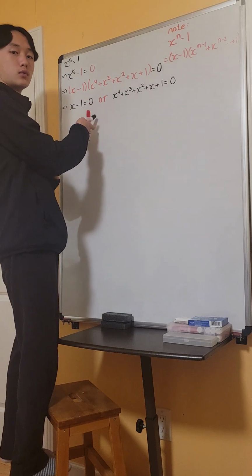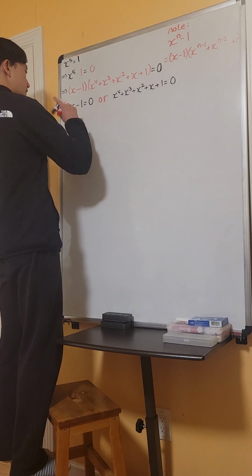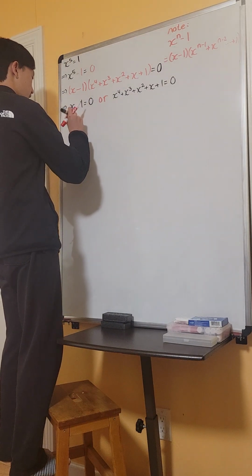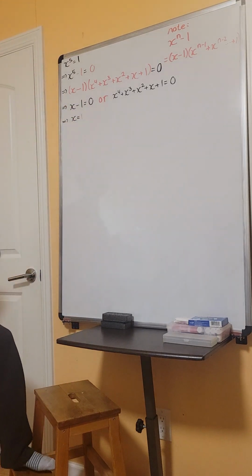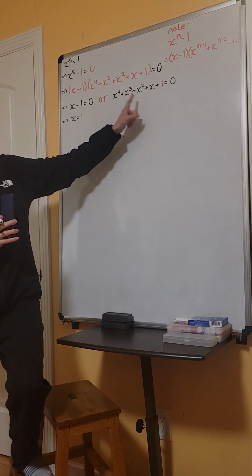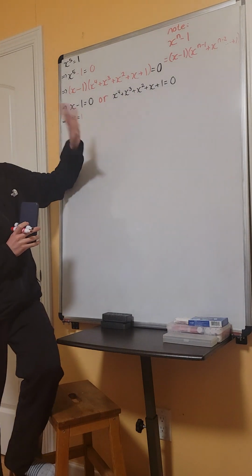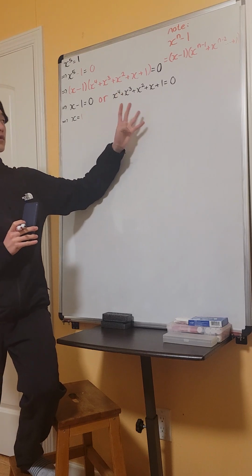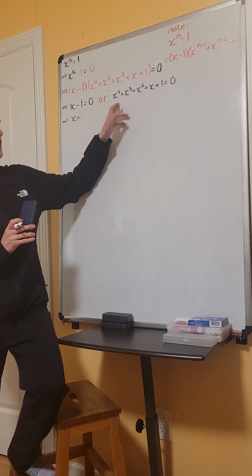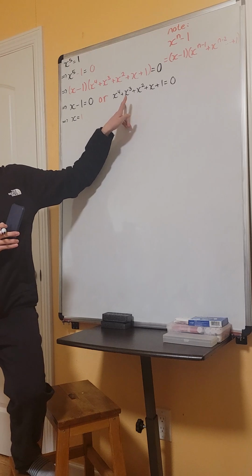Here's where our real solution lives, since if you move the 1 to the other side, you get x is equal to 1 as our first solution. Pretty simple. And then these are our remaining 4 solutions. There are 5 solutions, so 1, 2, 3, 4, 5. Because this is a quartic, we have 4 solutions that come from here. Notice that this is x to the 4th degree.